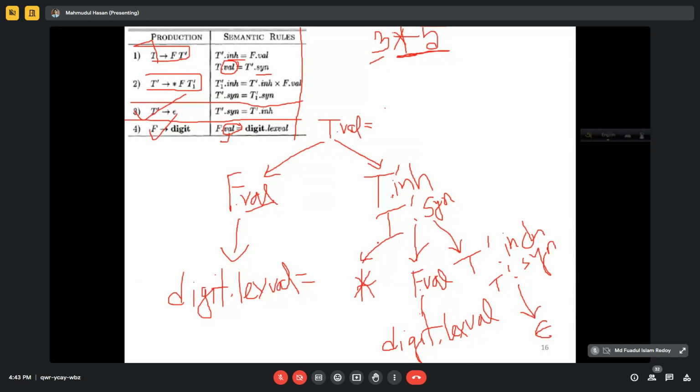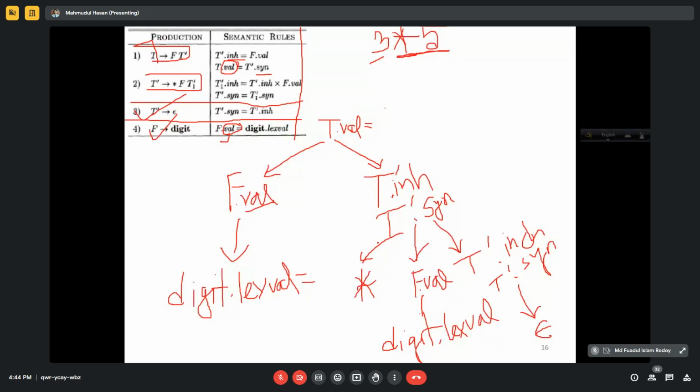So now we know that an annotated parse tree is related with values. But still there is no value in this tree.